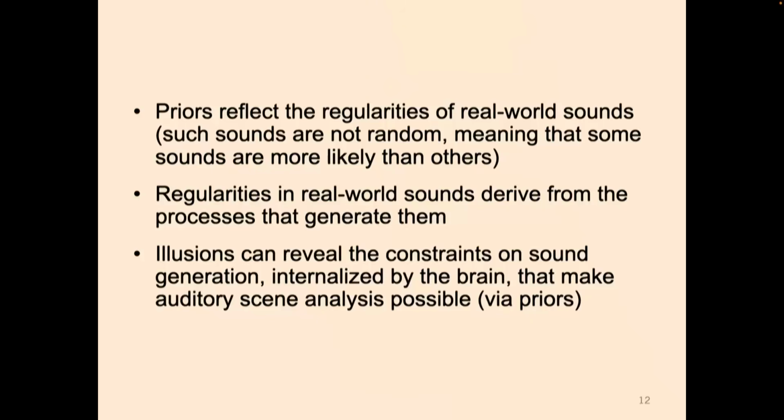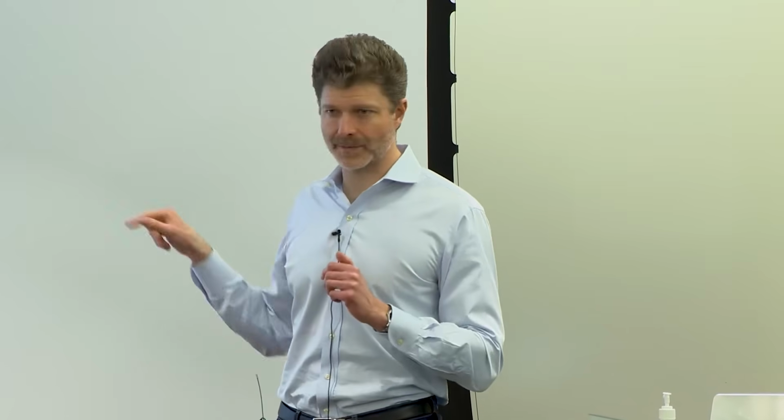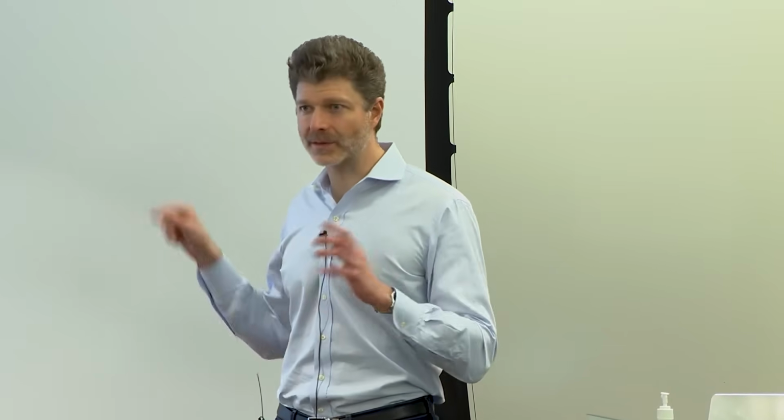There are certain things that can result from that. And as with other areas of perception, illusions can tell us a lot. Illusions can reveal the constraints on sound generation that have been internalized by our brains, that make auditory scene analysis possible via priors that we have on what kinds of sounds are likely and what are not.